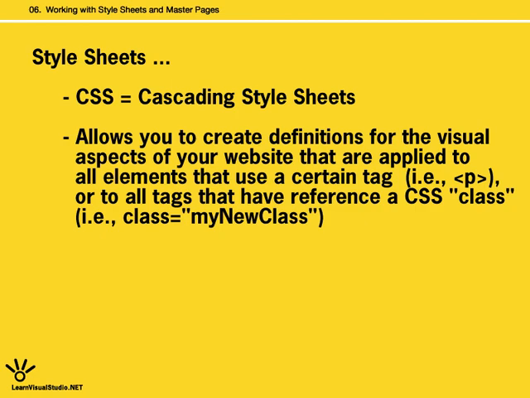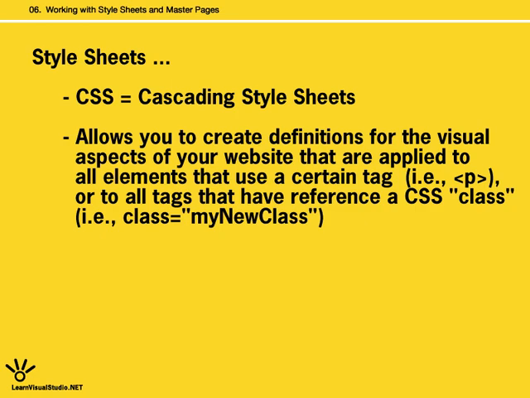You can also create custom classes and apply those classes to the various elements that are on your application or your web page. For example, you might have a paragraph of text and apply a class called myNewClass. And in myNewClass, you might set the font to Arial. You might set the size to something large, like a 3 or 4.